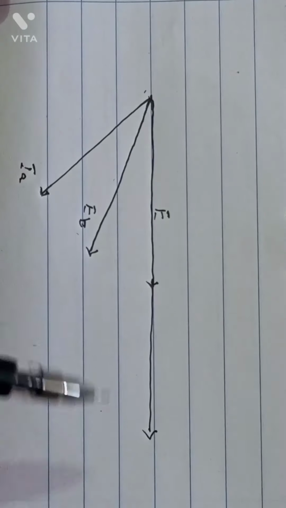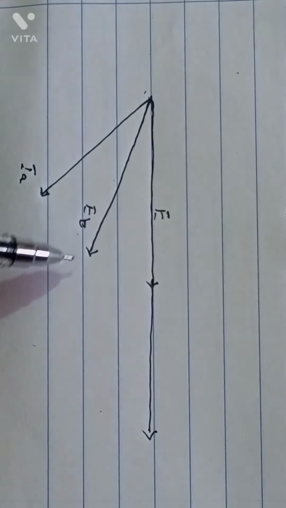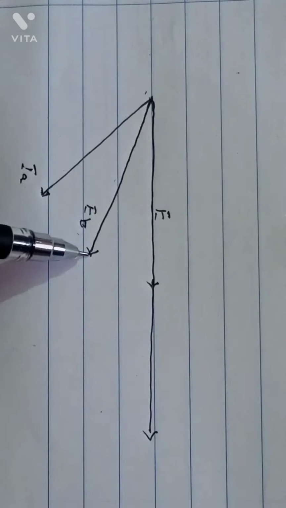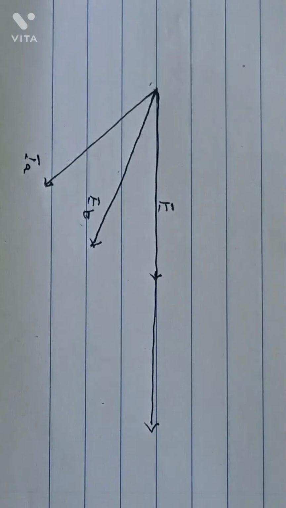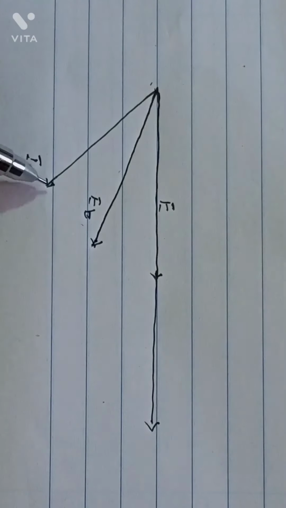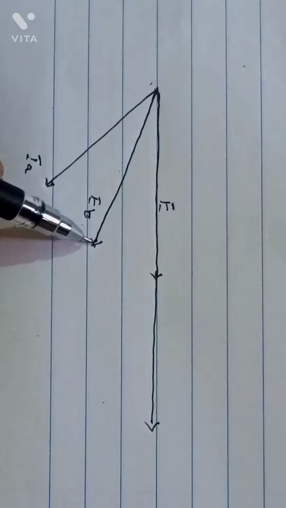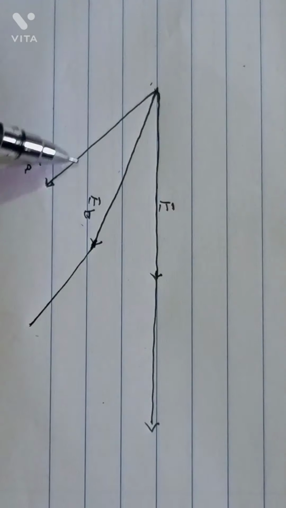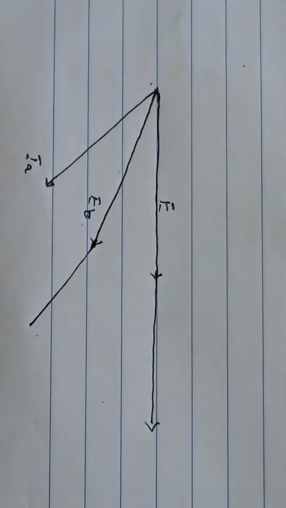Now the current flowing through the resistance is in phase with the IA. Okay, that's why this will be parallel to the IA. This and this are parallel. Are you clear? Okay.